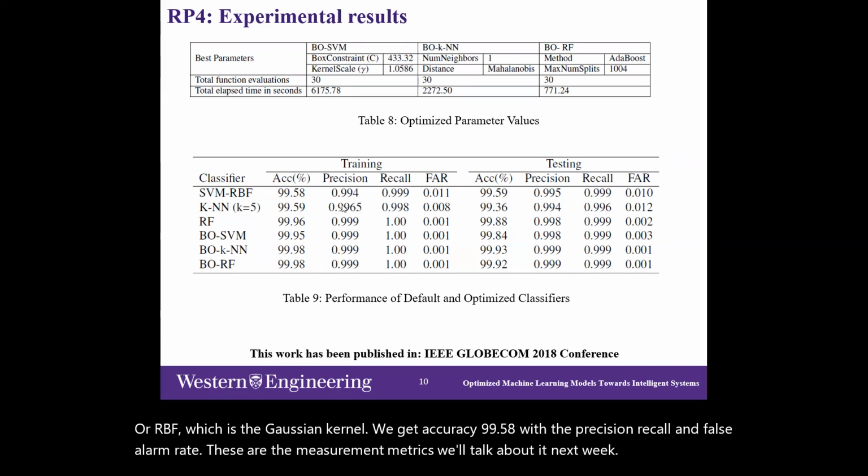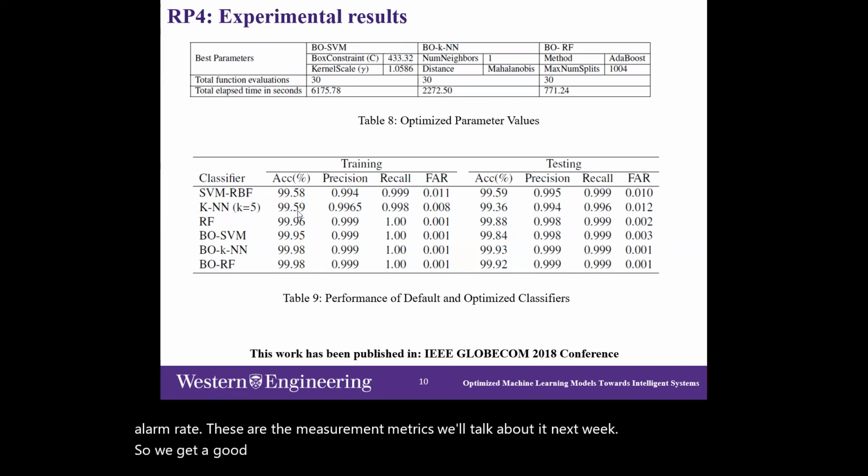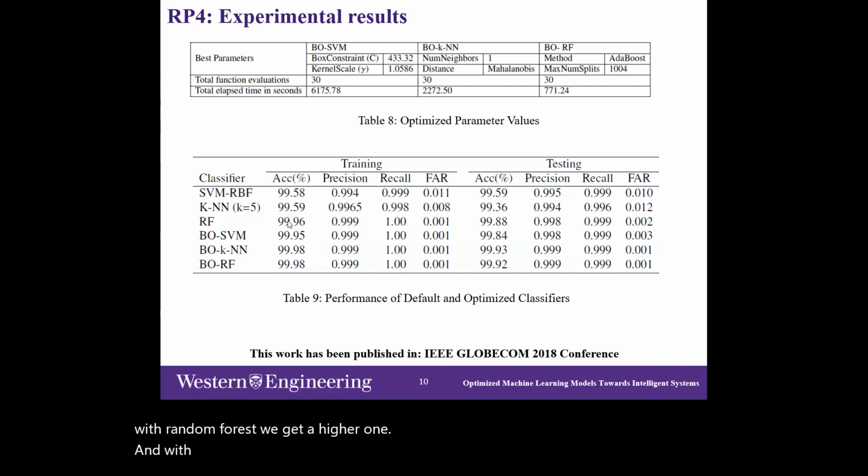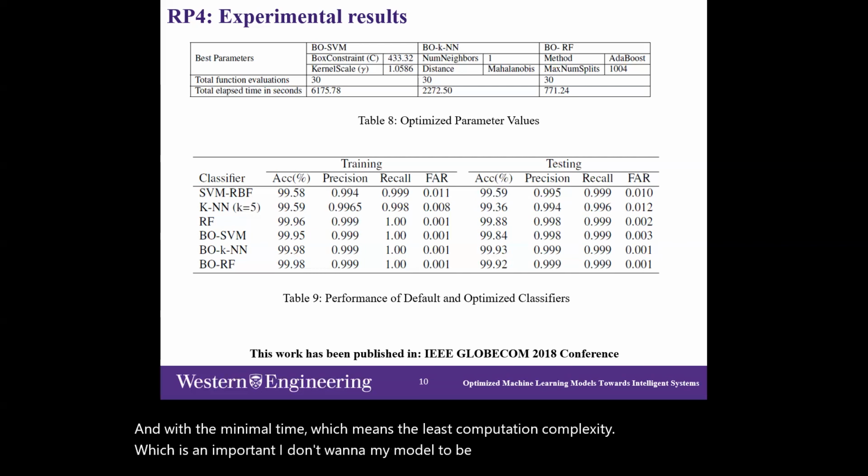We also get a good result with KNN, almost the same as SVM but shorter in time. With random forest, we get a higher one, and with the minimal time, which means the least computational complexity, which is important. I don't want my model to be heavy, or what we call computationally expensive.